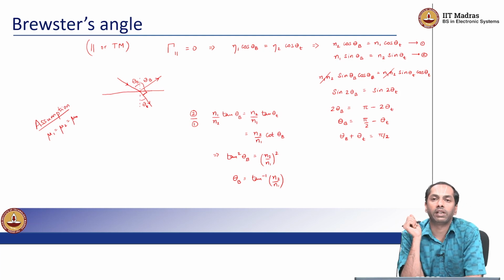Okay, so one very interesting insight on this Brewster's angle is I have personally been very fascinated by what is happening at this very special angle, and how it is that this reflected light is completely removed.